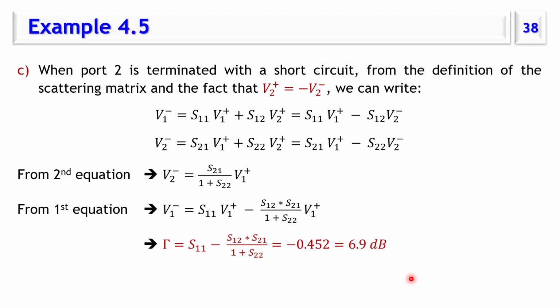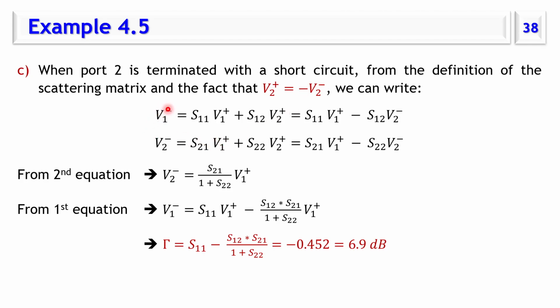Now for the third requirement, when port 2 is terminated with a short circuit, we know that the reflection coefficient for the short circuit is minus 1. So the relationship between V2 plus, the incident, and V2 minus, the reflected, is minus 1.